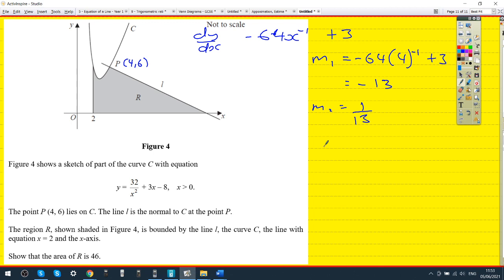Next thing. Would you need to use y equals mx plus c for the line now? Yep. So could you do 6 equals 1 over 13 times 4 plus c? Yep.